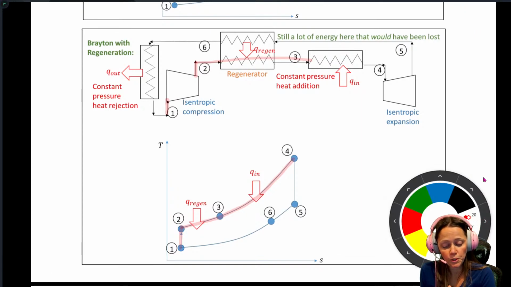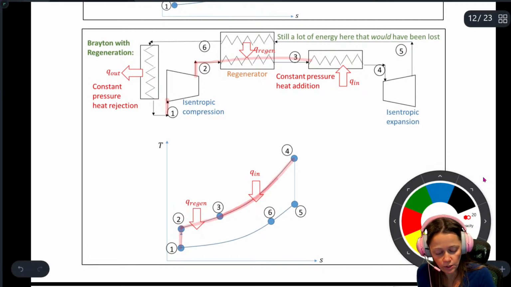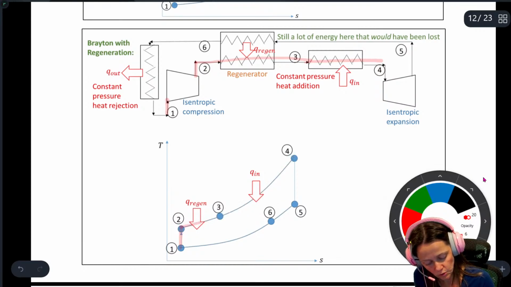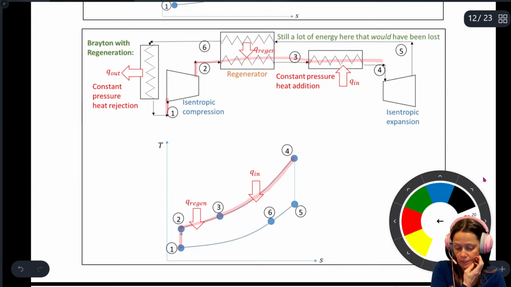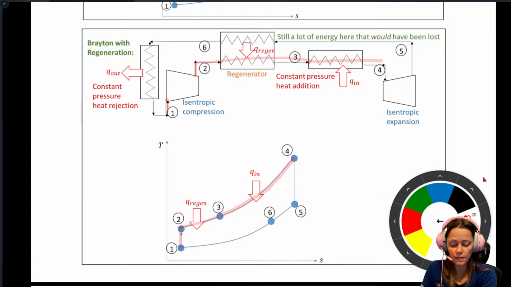And then from 3 to 4, it's still along a line of constant pressure. Sorry, I probably should have put that. Yeah, 2 to 3, then 3 to 4, but all along that same line of constant pressure. So your temperature is going up the whole time. From 2 to 3, it's because of that Q regen. From 3 to 4, it's because of the constant pressure heat addition process, that's where you actually have your combustion reaction.